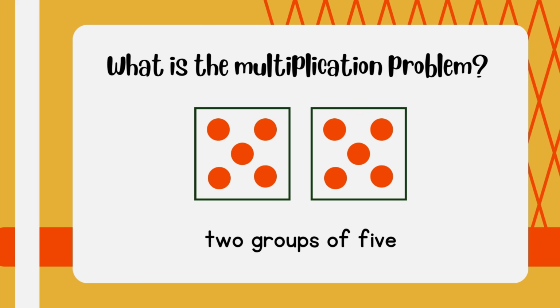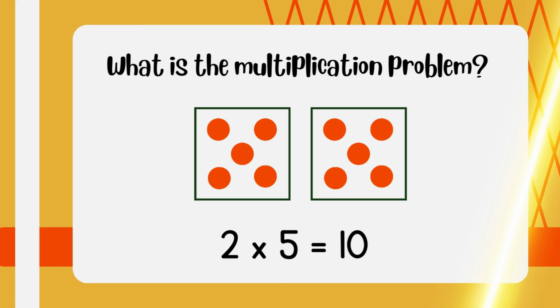You're not going to see of in subtraction, addition, or division, just in multiplication, because of basically means by. So 2 groups of 5, or 2 by 5, is equivalent to 2 times 5. So the multiplication problem is 2 times 5. And to solve this, we count 1, 2, 3, 4, 5, and 1, 2, 3, 4, 5. So 5 plus 5 is equal to 10.